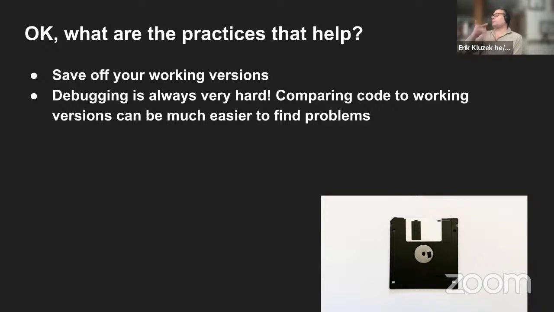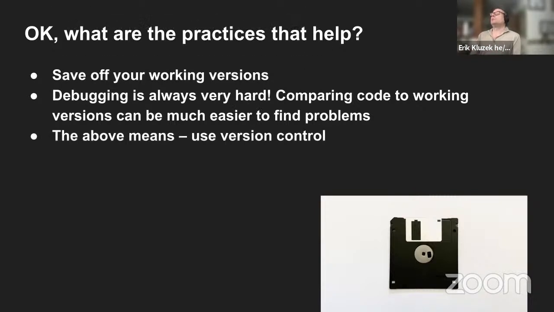Usually what you will be doing is changing the existing model in ways it wasn't designed for, so you're going to find problems. By being able to compare to working versions, you'll find those problems much more easily. What that means is that you really need to use version control of some sort.